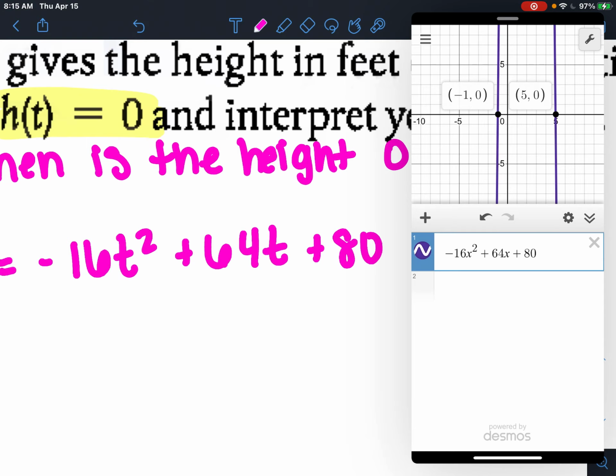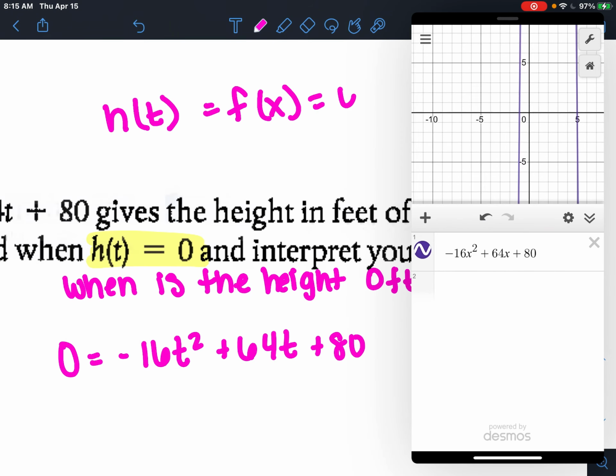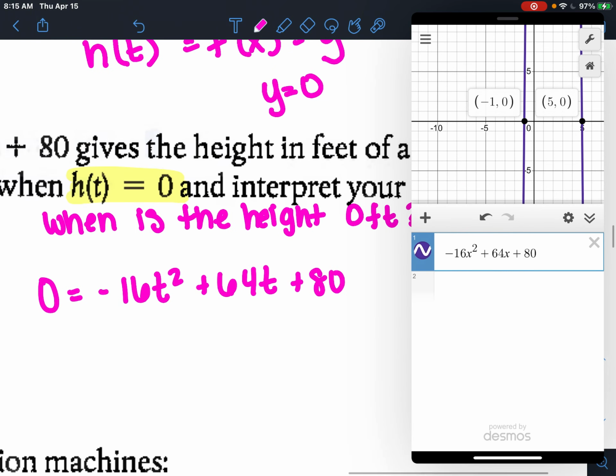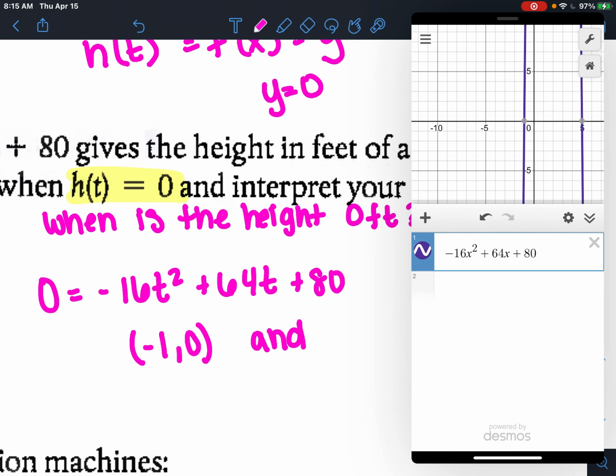Okay. So h of t, just like f of x, is the same thing as y. So we're looking for, on our graph, when does y equal 0? And it's right here. So y could equal 0 when x equals -1, and when x equals 5.